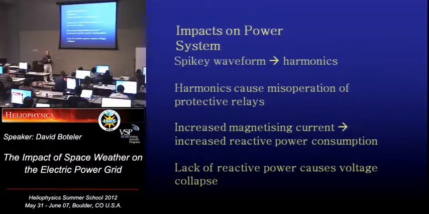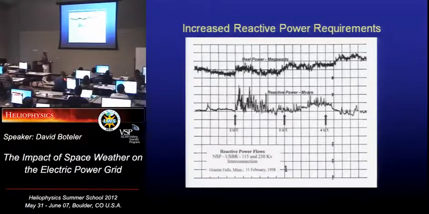The other thing, if you remember back to when I was talking about reactive power and the magnetizing current giving you reactive power, is that the transformer is not operating as efficiently, so it's drawing more magnetizing current, so more reactive power. And if you don't have enough reactive power on the system, then that's when you can get voltage collapse. And here's an example, recordings of reactive power fluctuations during a magnetic storm.